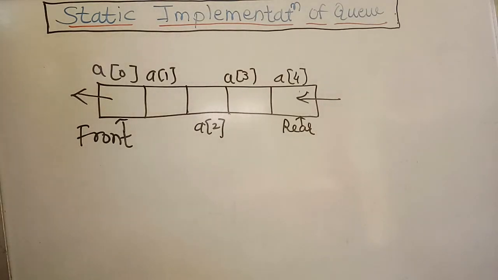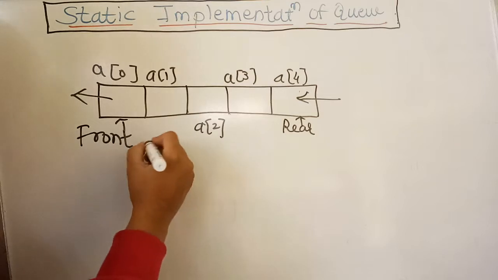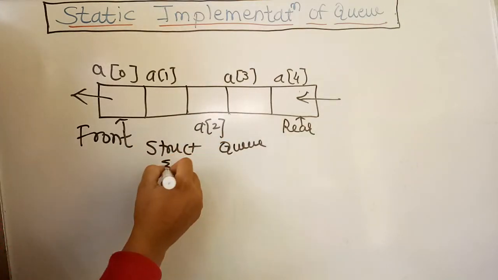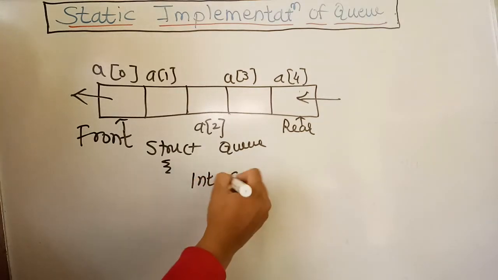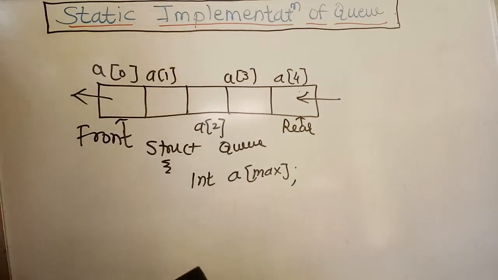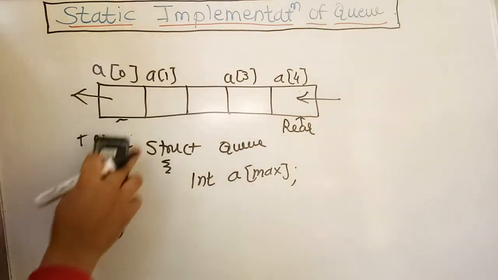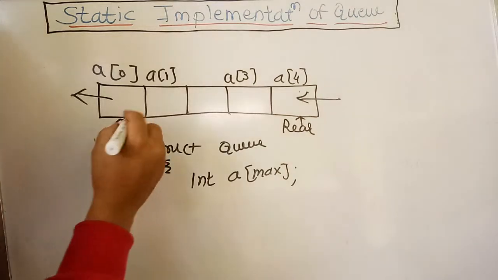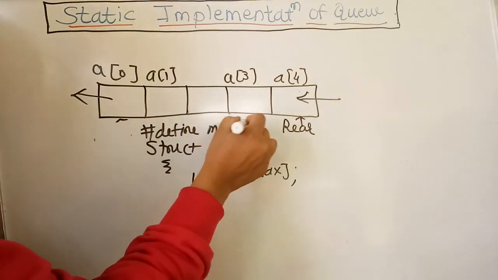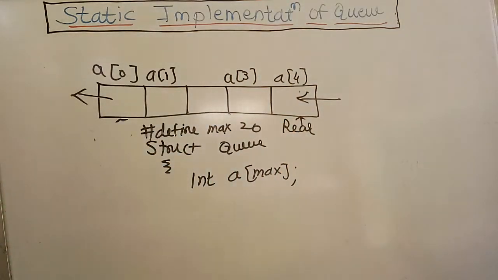Now, for appearing as a static implementation, the queue data structure will be like struct queue. We have to declare an array of size, for example, maximum, and we will declare this max like #define max 20, and this max will be written here.